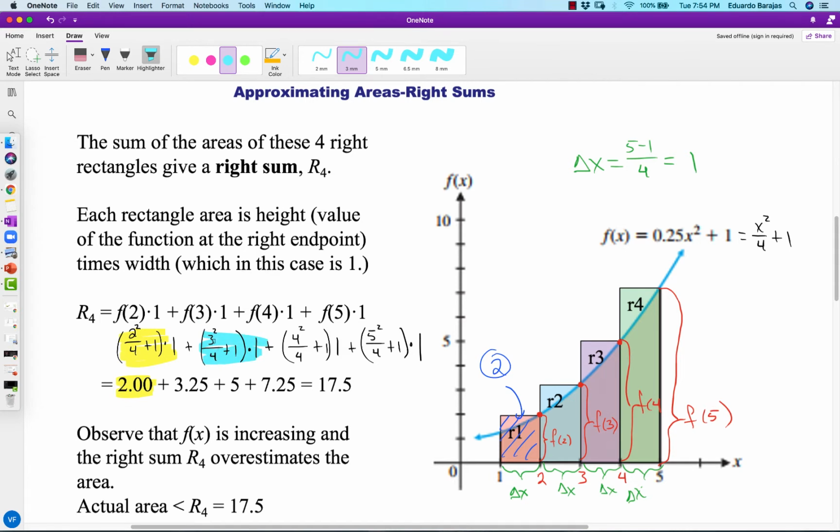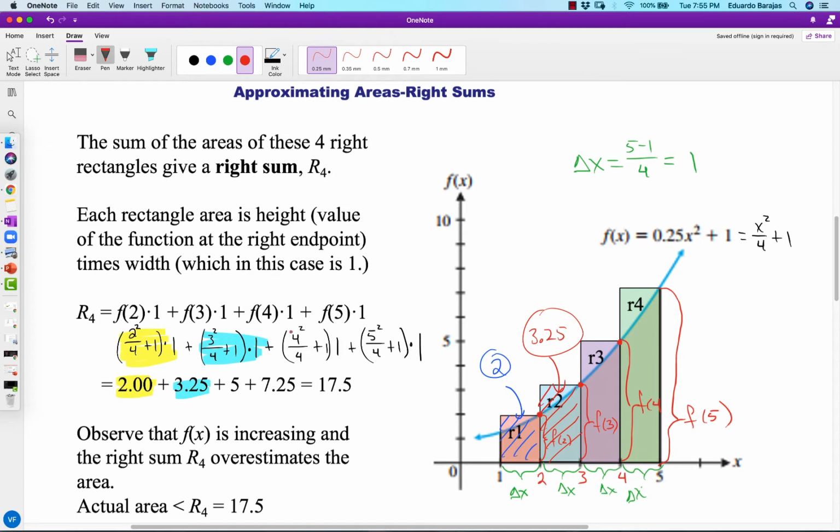So 3 squared divided by 4, that's 9 divided by 4. 9 divided by 4 is 2.25, plus 1 is 3.25. And so this is indicating that the area of this second rectangle, this whole area, is 3.25 units.